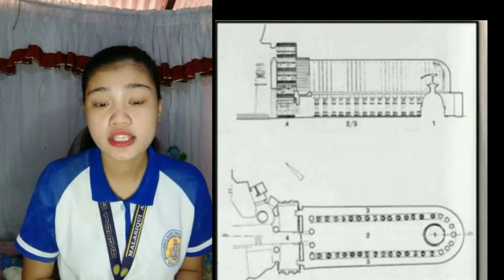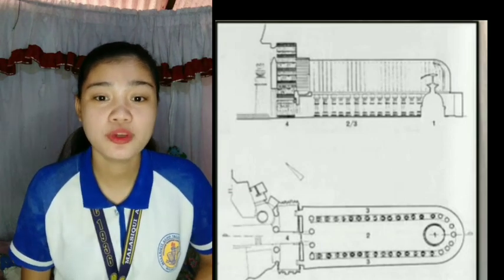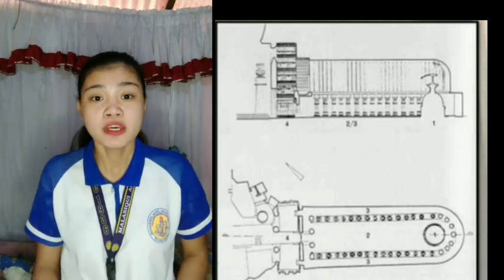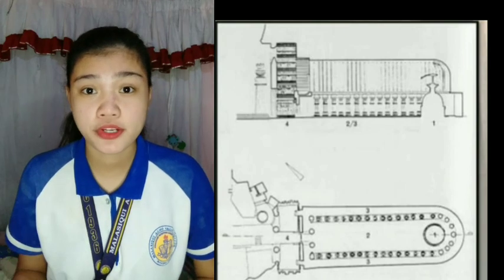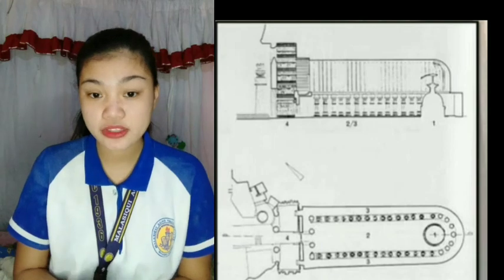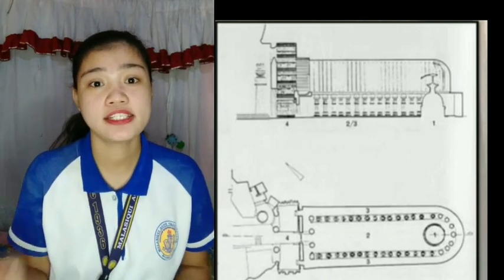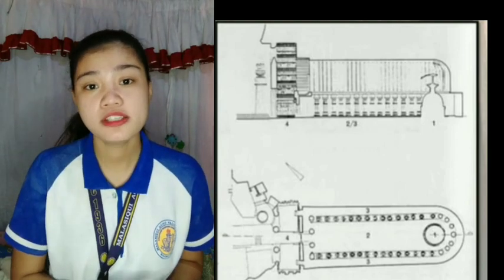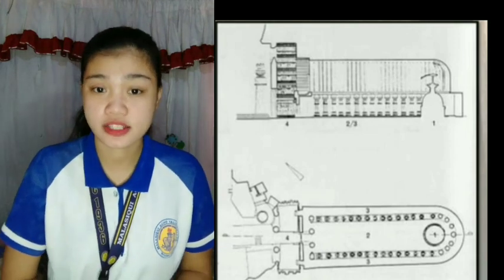The chaitya hall is 38.5 meters long and 13 meters wide, with a vaulted roof rising to a height of 13.7 meters. The roof is supplemented by a series of wooden ribs which are closely spaced. The hall is divided by two rows of columns forming a broad nave in the center.